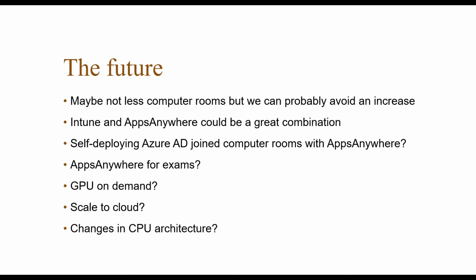We have also started thinking a bit about changes in CPU architecture. The Mac is probably going to their own CPU, which is ARM-based. Microsoft has the Surface X, which is ARM-based as well, with their own CPU. I can see that ARM on the Mac and in the future ARM on Windows will be more common.